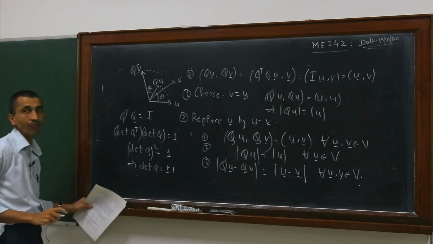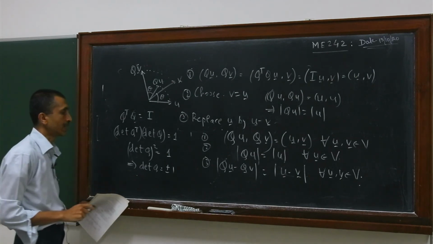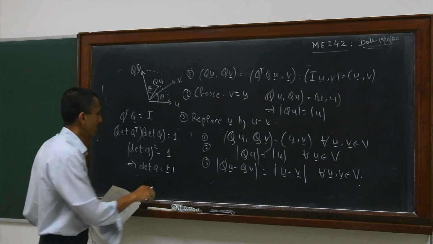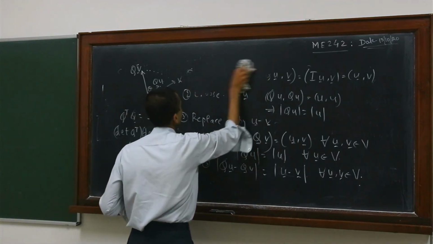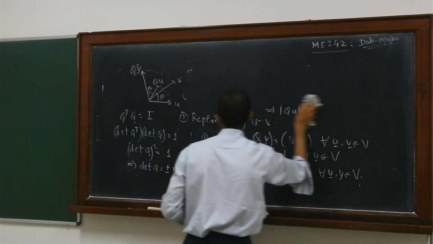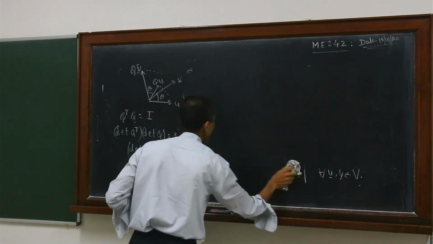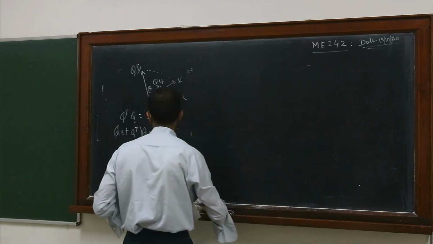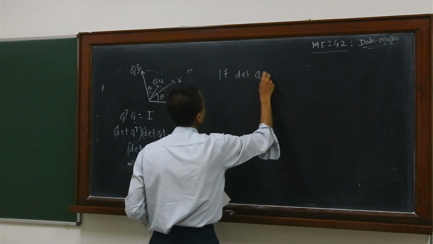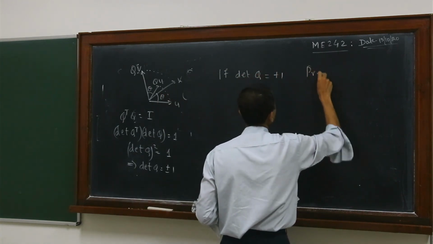Okay? So if the determinant is plus 1, then we call it a proper orthogonal tensor or a rotation. So let me just write it here. If determinant of Q equals plus 1, then we call it a proper orthogonal tensor.